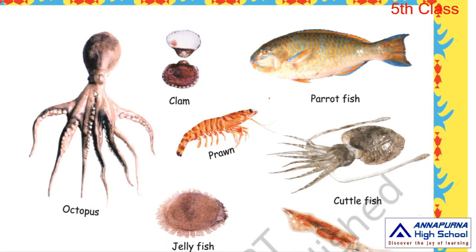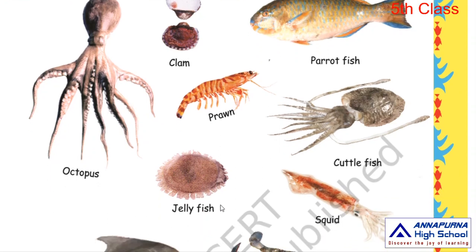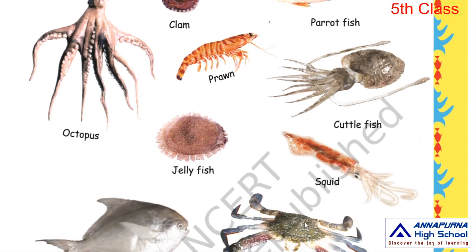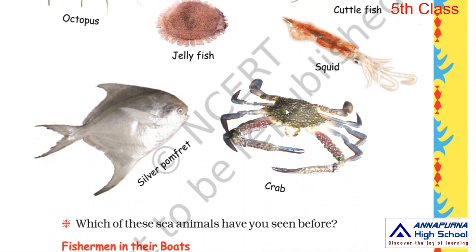Next one, have you seen this shape? Have you observed this one? What is this? Yes, it is octopus, parrotfish, prawn, jellyfish, cuttlefish, squid. This is very familiar, crab, silver pomfret.